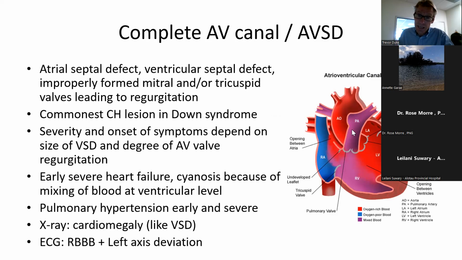So an ASD and a VSD occurring together. And that's called a complete AV canal, or an AVSD. So an ASD, a VSD, sometimes the mitral valve or the tricuspid valve are abnormal as well. This is the commonest form of congenital heart disease in Down syndrome.